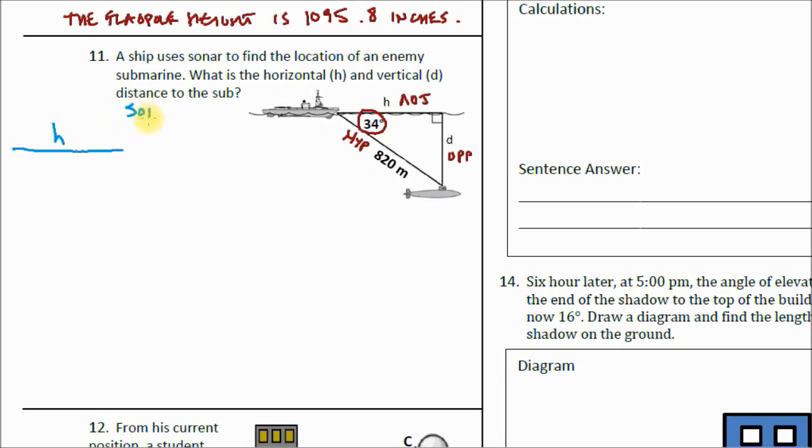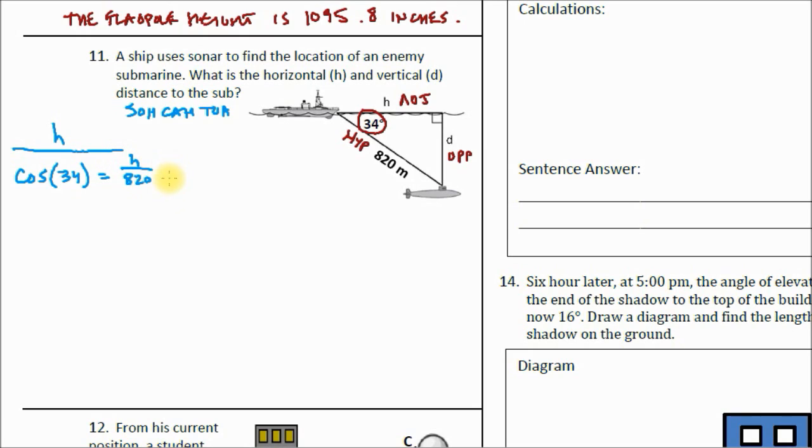So let's look at SOHCAHTOA. We're looking for adjacent, we know hypotenuse. Adjacent and hypotenuse is cosine. So we're going to use cosine. Our reference angle is 34. That's going to be adjacent over hypotenuse, so it's the value of H over our hypotenuse, 820.